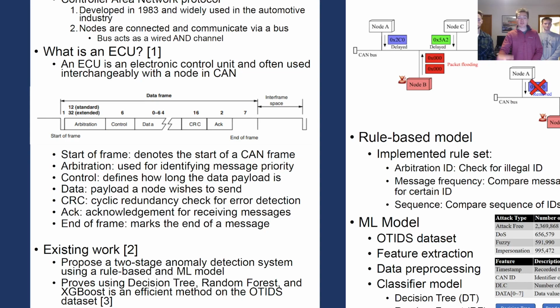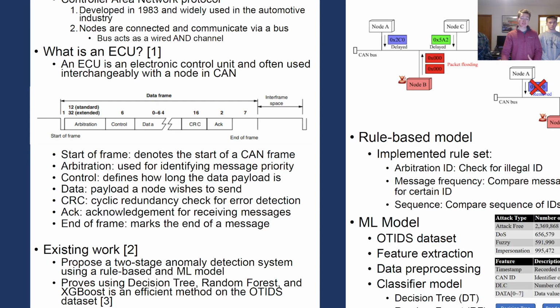So after the end of the arbitration process, the ECU that's able to read back the message that it sent out knows that it's then won the process, whereas if you have an ECU that reads back and detects a change in bits, then it will know that it has to wait for the next idle period or for the next start of frame in order to try and rebroadcast its message.